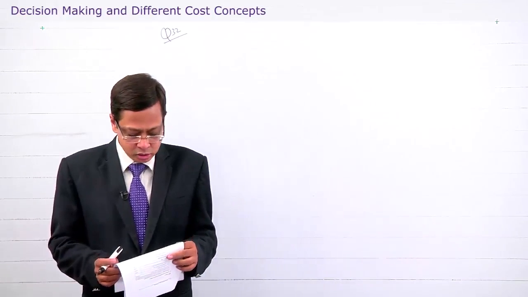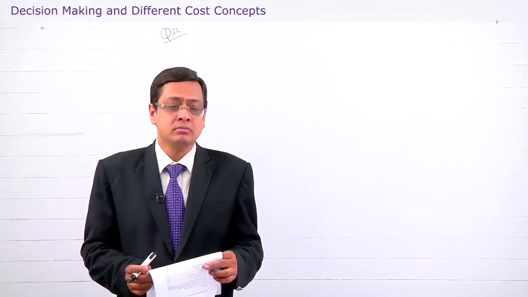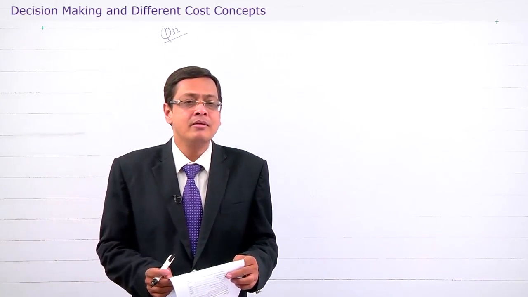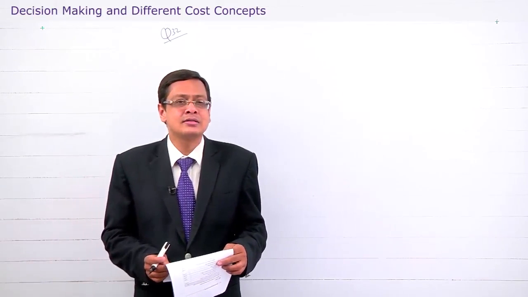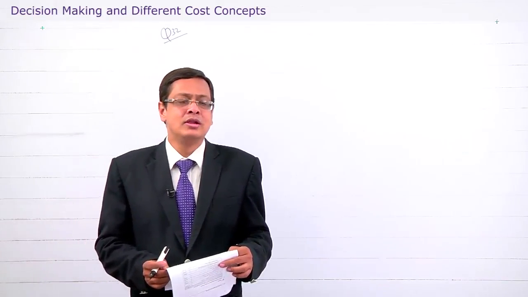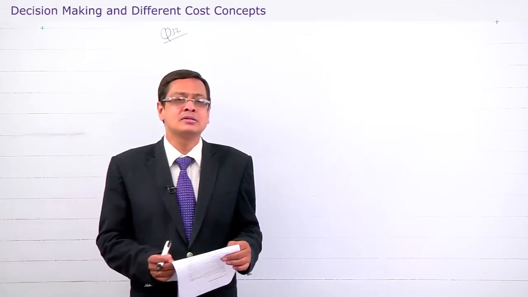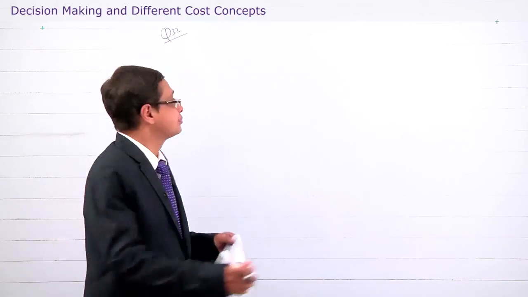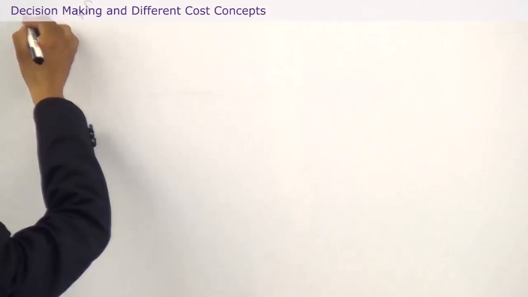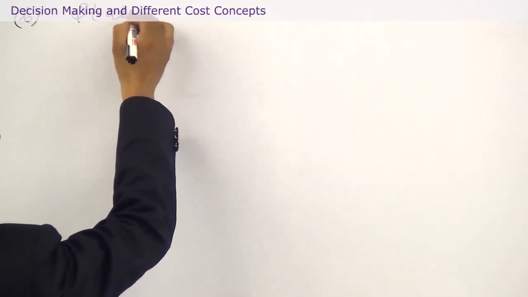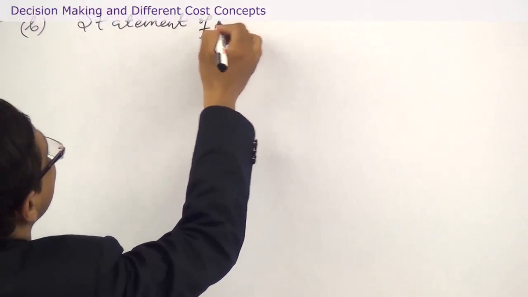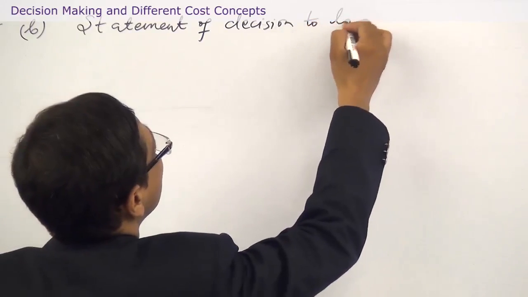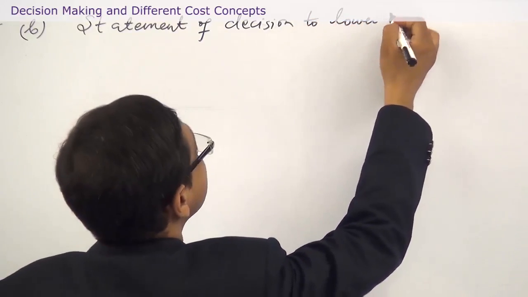The question says, should Modern Airways lower its fare? So what is the revised fare? 4800 rupees per flight, and this is going to enhance customers by 12 units. So it will be 212 customers flying at the rate of rupees 4800. So let's compare. Statement of decision to lower airfare.